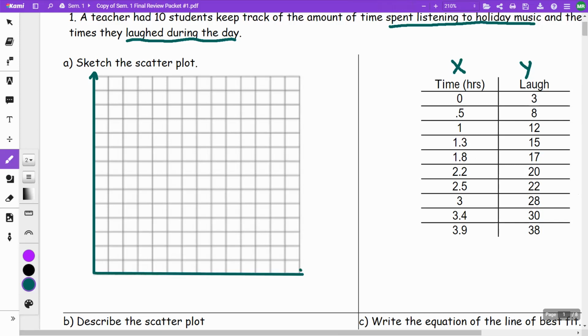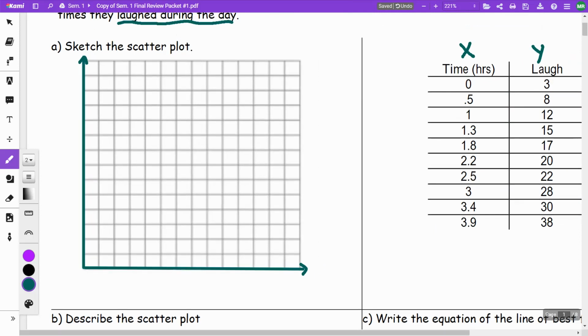For my X axis, since I'm going from 0 to about 4, I am going to be going 0.5, 1, 1.5, 2, 2.5, 3, 3.5, 4, and this is going to be hours. Okay, that we're listening to Christmas music.